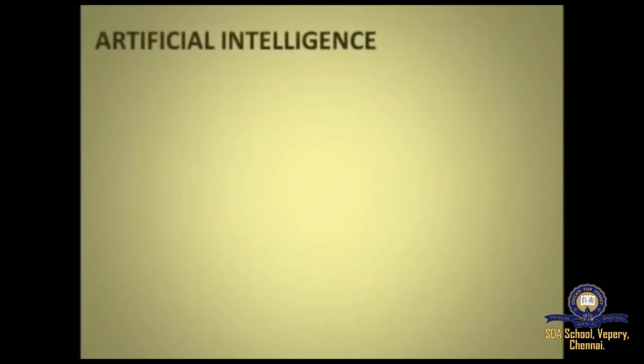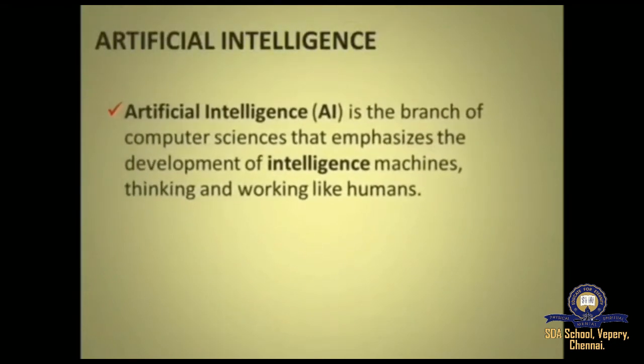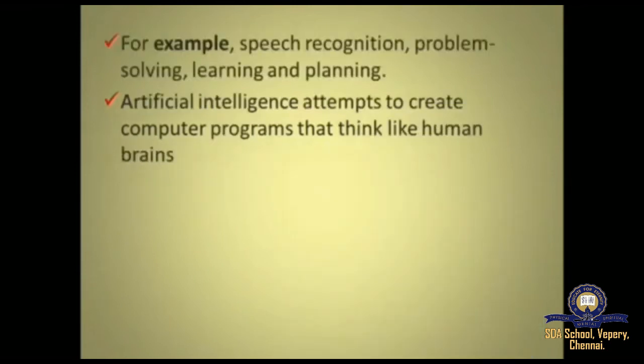Next we'll move on to artificial intelligence. So what is artificial intelligence? It is a branch of computer science that emphasizes the development of intelligent machines thinking and working like humans. For example, speech recognition, problem solving, learning, and planning are all characteristics of human beings, right?